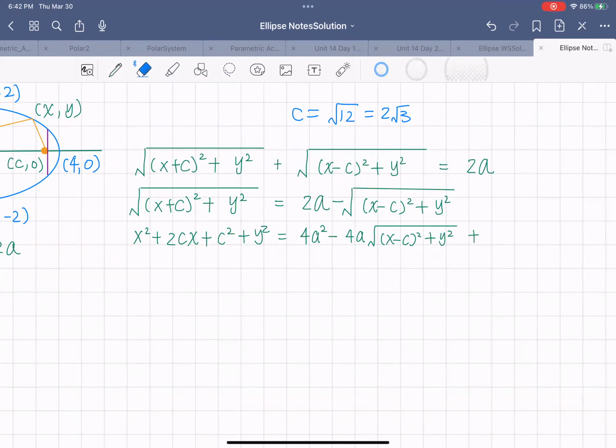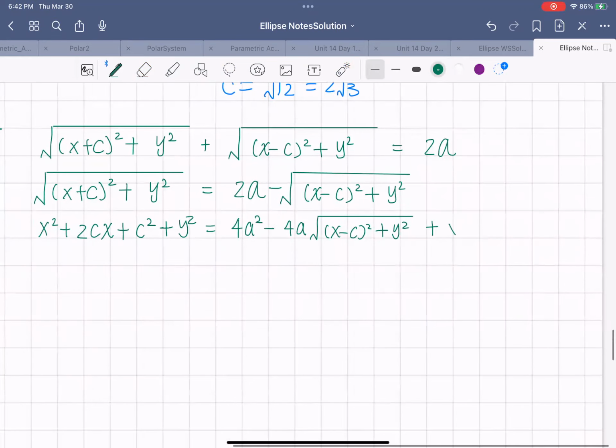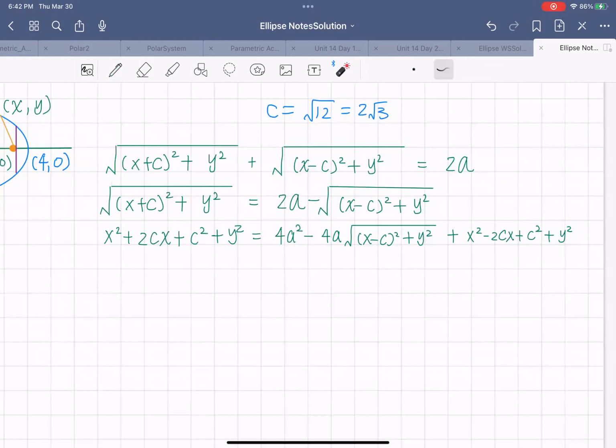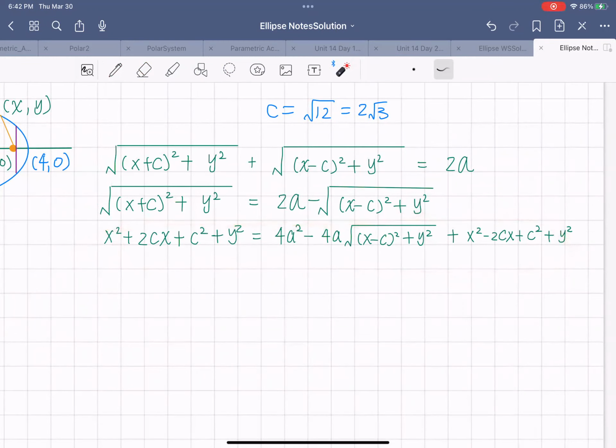Plus, let's expand this guy. Square this guy and expand the inside. X squared minus 2cx plus c squared plus y squared. Very good. Excellent. Every student, when you watch this, you also please quickly write down by your own understanding.